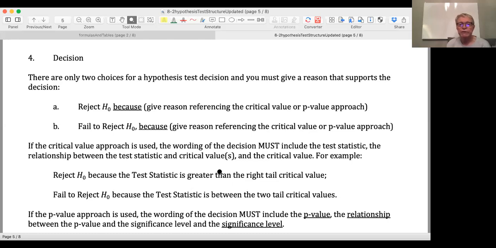So we want to say reject H0 because, and then we'll be looking at those examples that we have been working through, and we'll make our decision and use the numbers that we have from that.